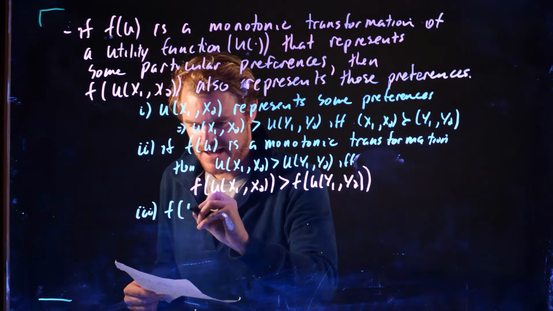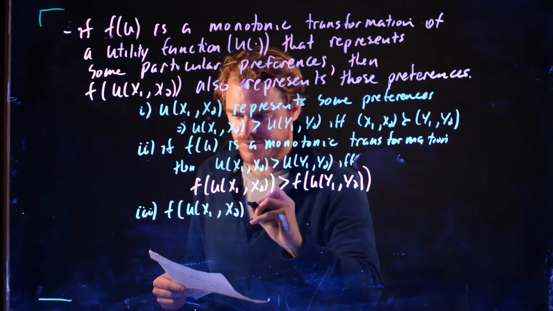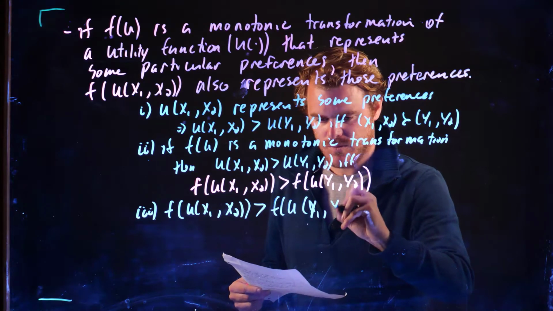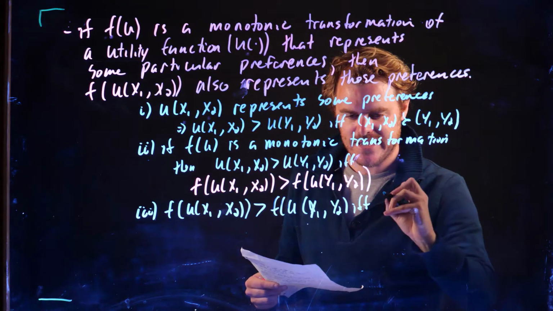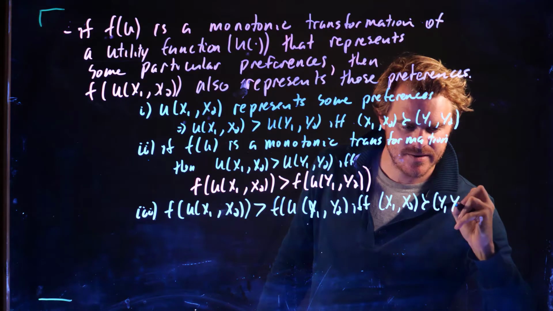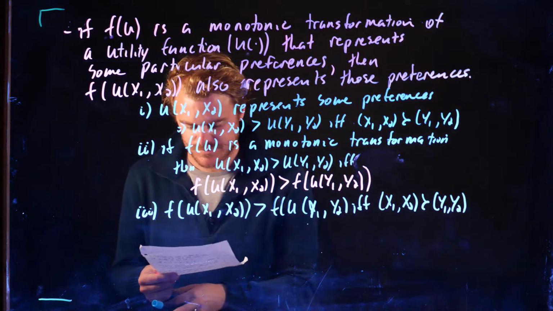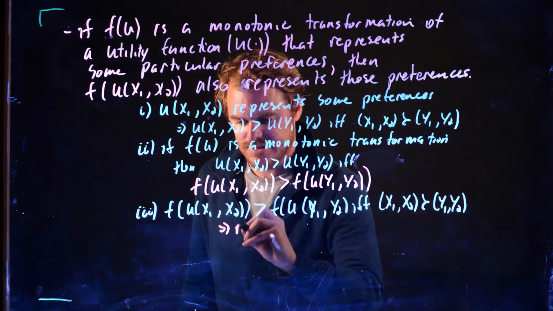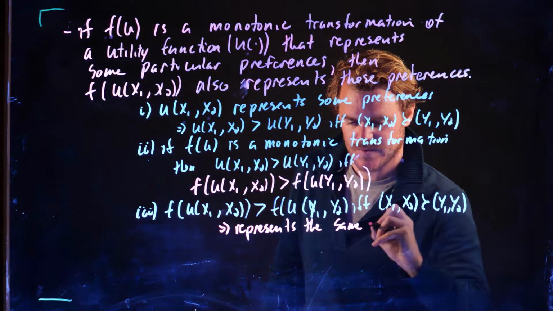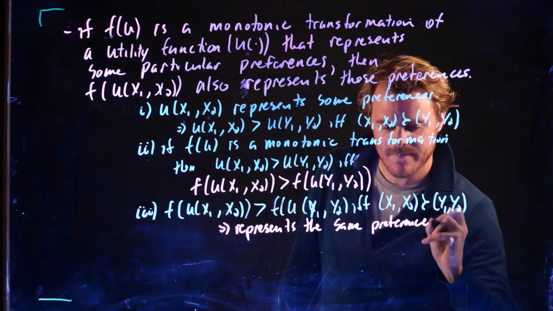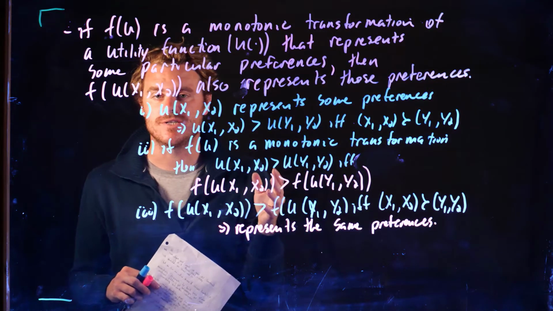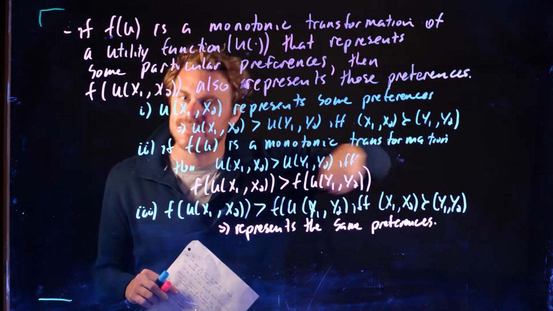Well, this means that f of u(x1, x2) is greater than f of u(y1, y2) if and only if this bundle x is strictly preferred to this bundle y. So it's going to represent the same preferences, since again, it's only the order that matters and not the absolute amount. So you can apply this monotonic transformation to any utility function, and it's going to represent the same preferences.